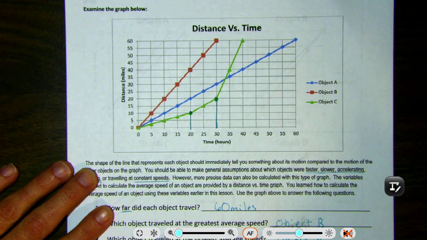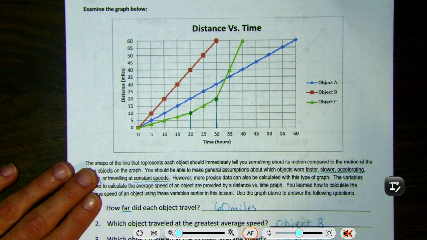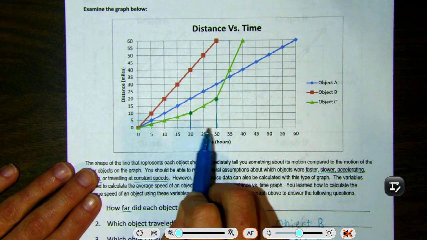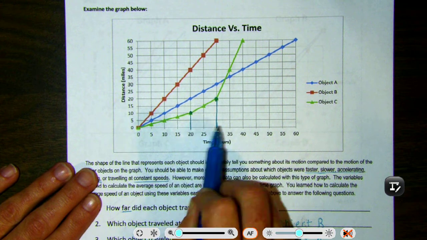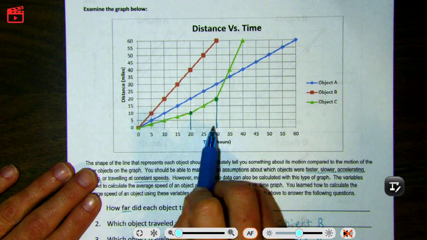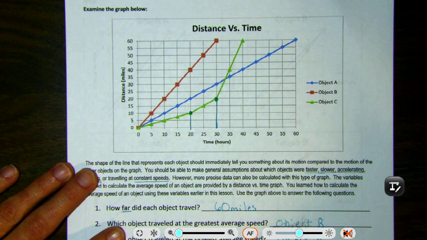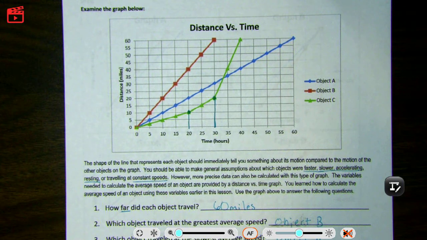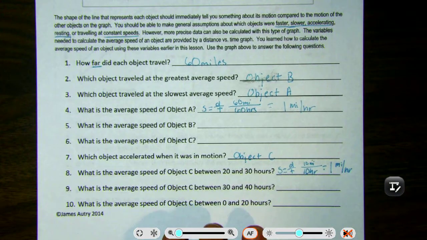Then for the amount of time, I started at 20 hours, and then I went to 30 hours. The time in that is 10 hours altogether. So 1 mile per hour. Sorry, I forgot you couldn't see me down there.